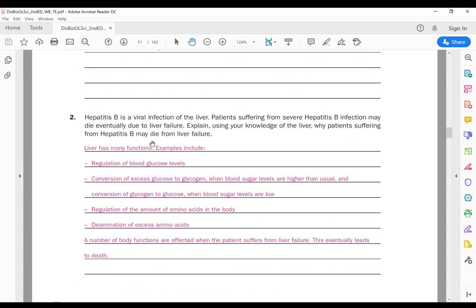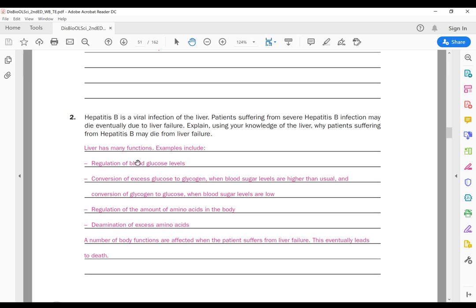Then question two is asking you about the functions of the liver. You have to write down the vital functions that would affect the patient if the liver is not functioning.